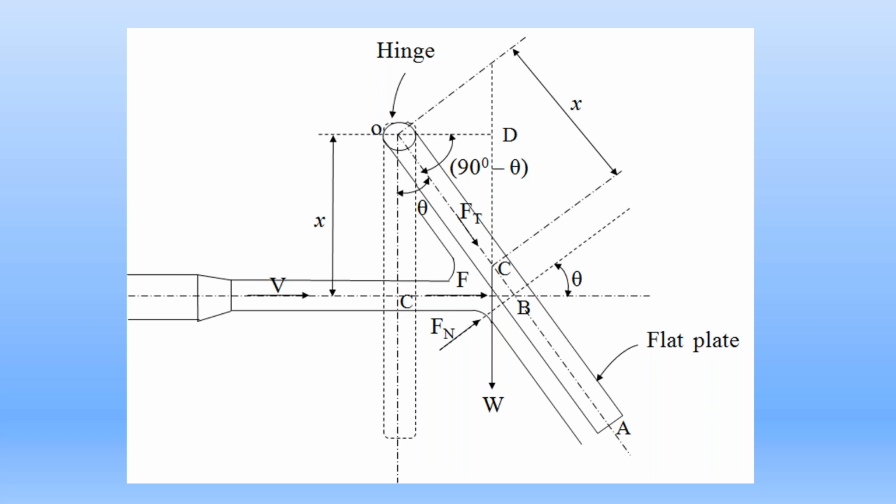One is the normal component Fn, perpendicular to the surface of the metal plate. Next one is the tangential component Ft along the axis of the metal plate. The normal component Fn is equal to F cos theta. The tangential component Ft is equal to F sin theta.